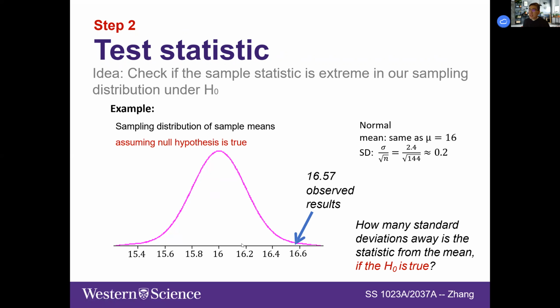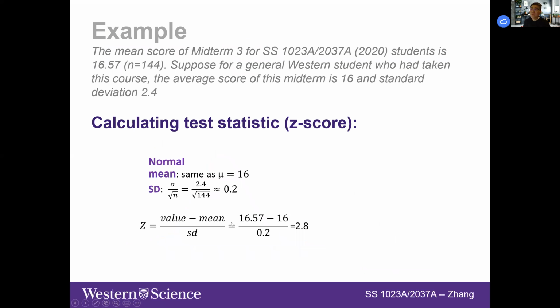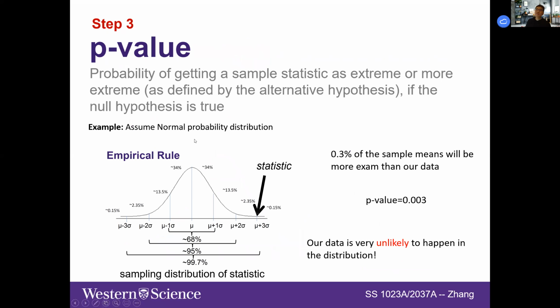And to quantify how far away it is, we introduce the so-called p-value. Basically, we are trying to say whether our data is extreme enough. So how do we tell? We see what's the probability of getting even more extreme data based on our null hypothesis.